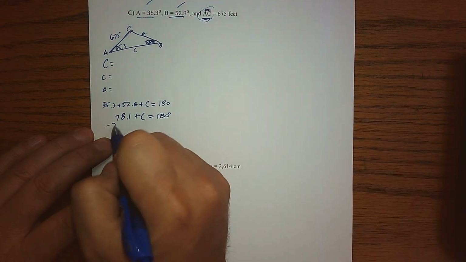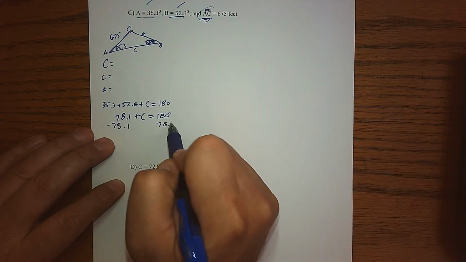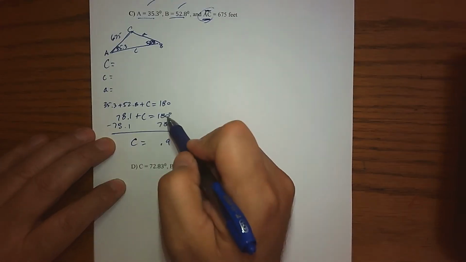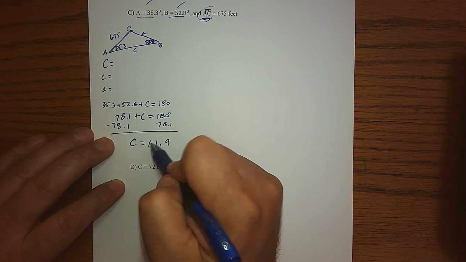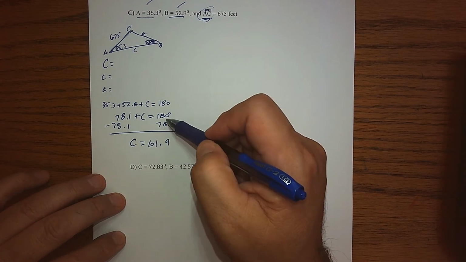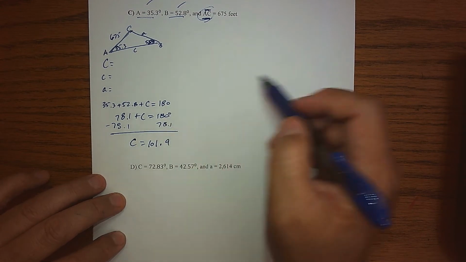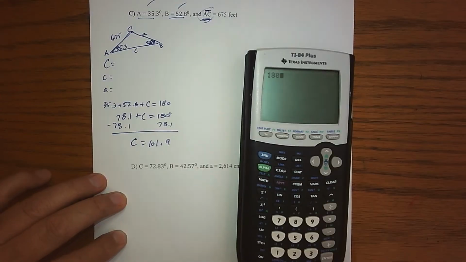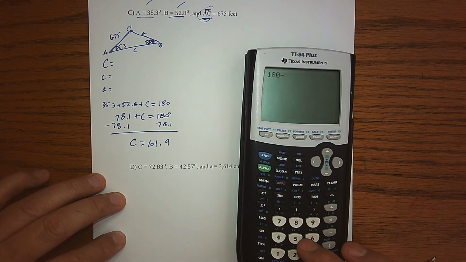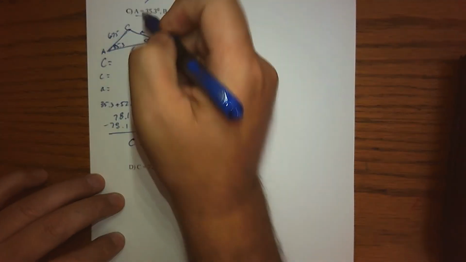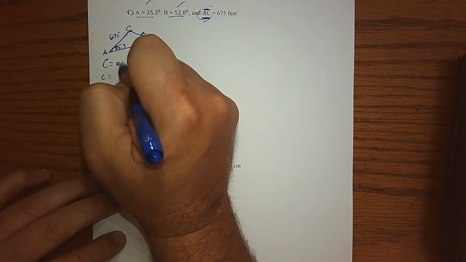So subtracting 78.1 from both sides, I think C will be 101.9. Let me double check with my technology: 180 minus 78.1, yeah, 101.9 degrees. So we know that's the larger angle. So this is 101.9 degrees.